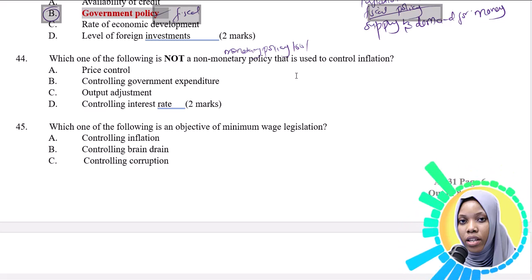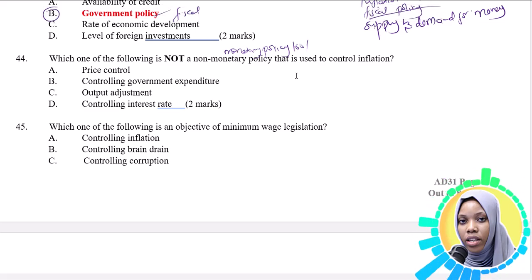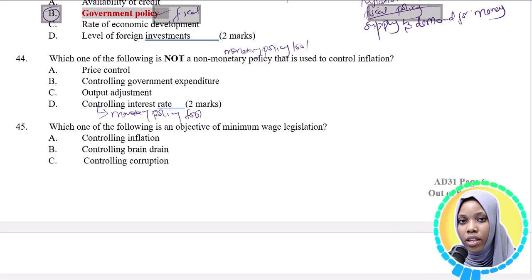Choice A is price control. Choice B is controlling government expenditure. Choice C is output adjustment, and choice D is controlling interest rate. Just like in the above question, this is a monetary policy tool already. Price control, that's a policy on its own. Controlling government expenditure, this is a fiscal policy. We have said here that government policy is a fiscal policy.